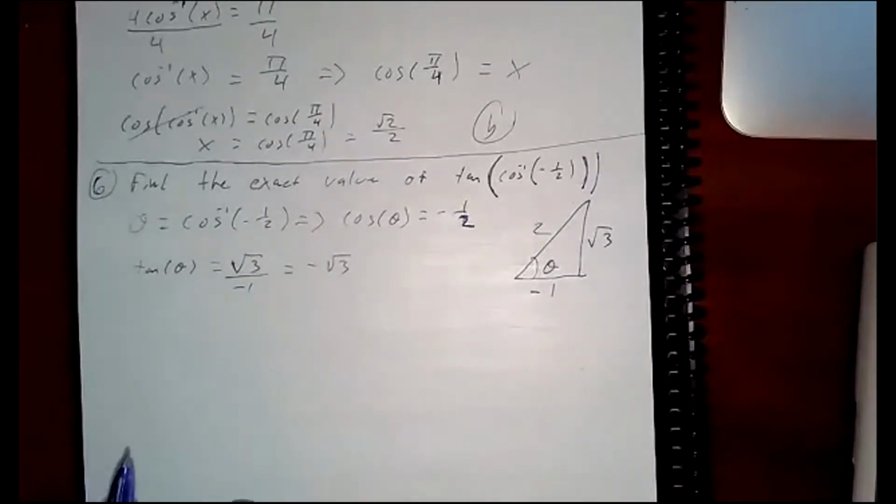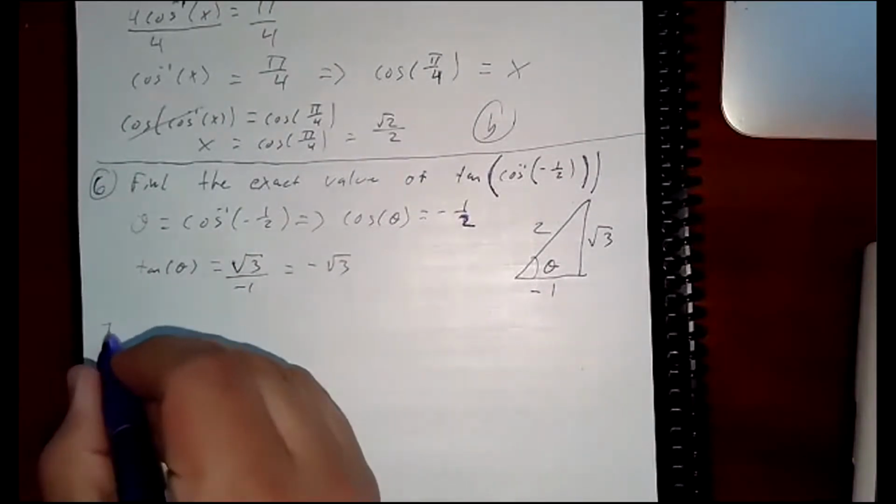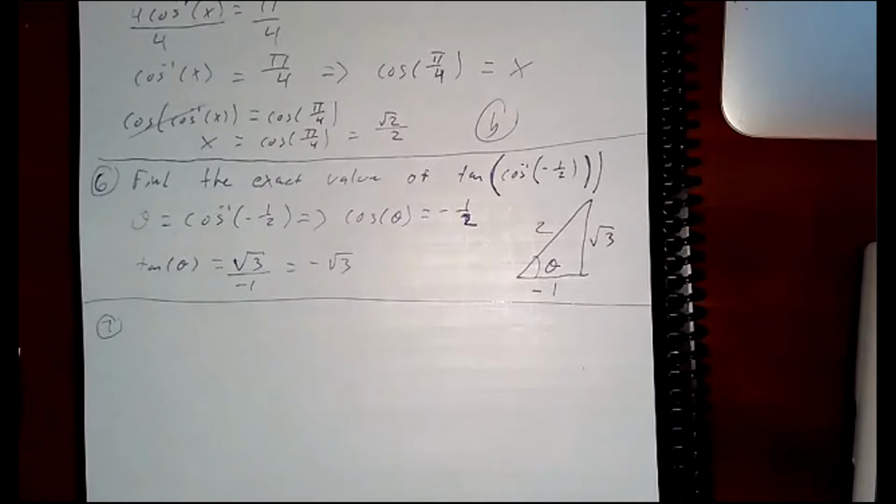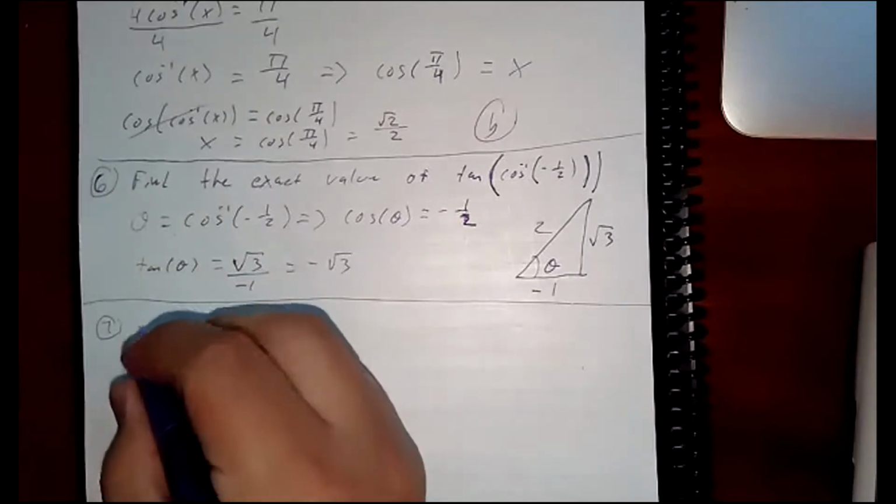All right, so number 7. Number 7 is find the exact value.